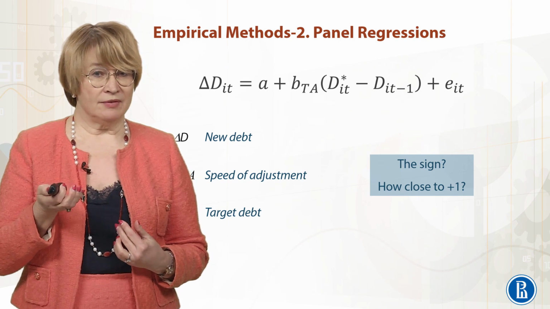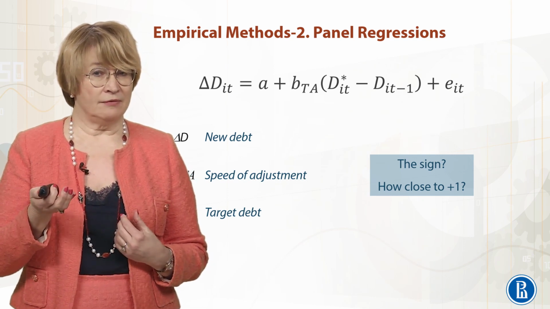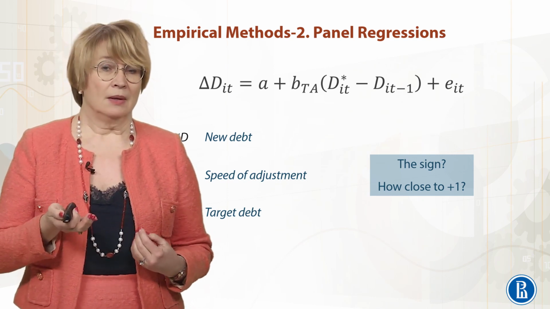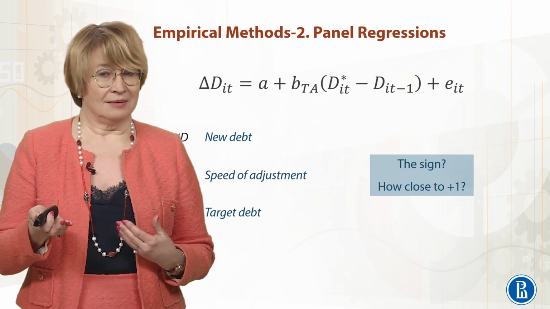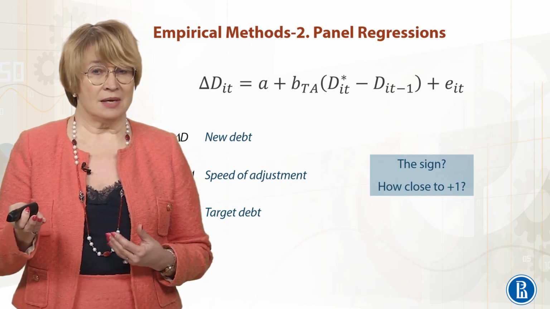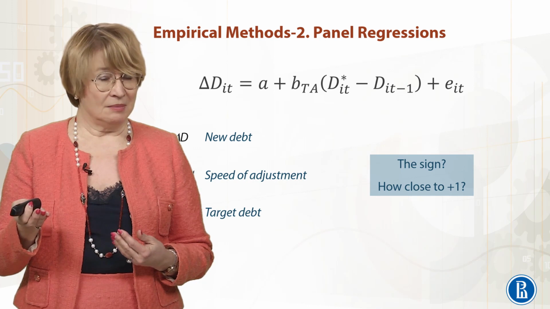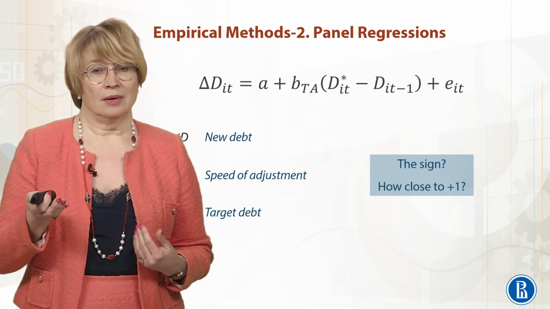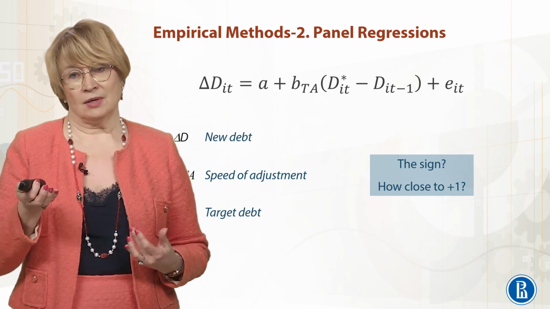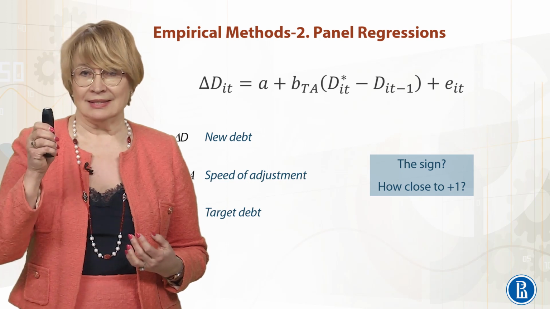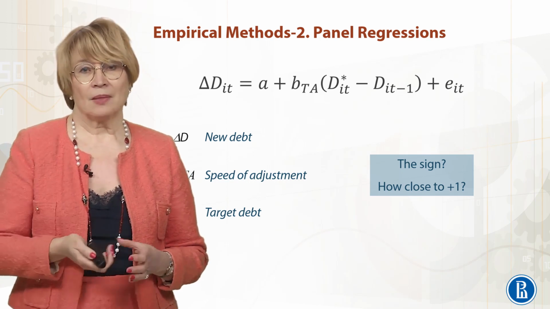We also have the beta, which is the coefficient of adjustment to the target level of the capital structure and the target amount of debt, which is here represented with the D and star.